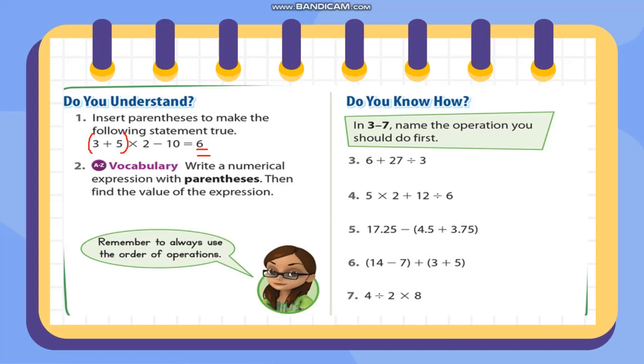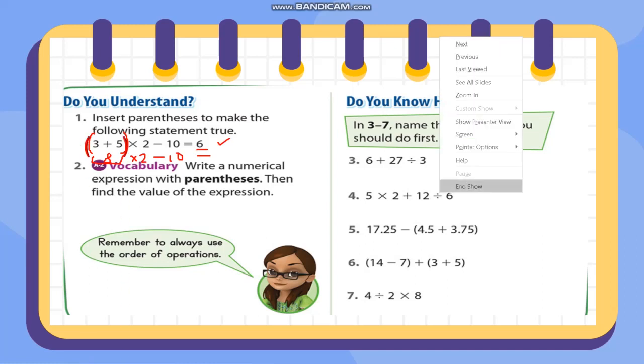By applying the PEMDAS rule, parentheses first. So I need to add 3 plus 5 first, which is equivalent to 8. So 8, then multiply by 2 minus 10. So 8 multiplied by 2 is 16, minus 10, which is 6. So the correct answer is there. So the parentheses go around 3 plus 5.